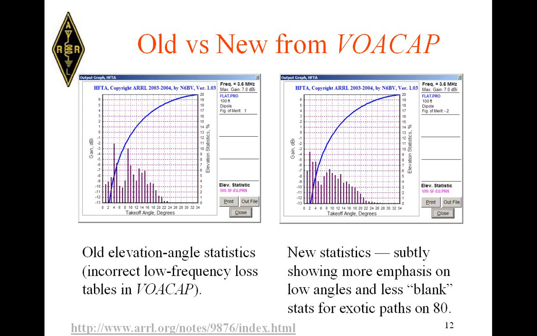The newer statistics have fewer blanks for exotic paths on 80 meters and also on 40 meters, because they're looking at more possibilities of receiving QTHs. By the way, to get the new data statistics, you can go to this URL and click on it. You can also find it by looking at the ARRL website and looking for product notes.